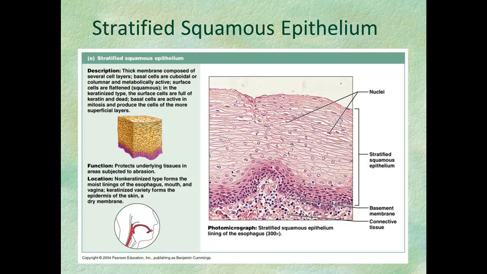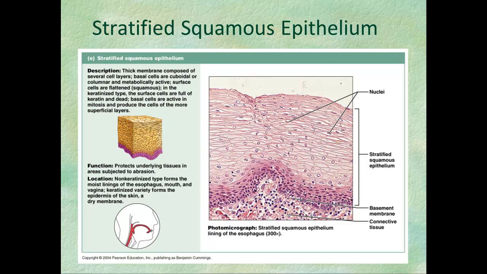It is found in areas that deal with a lot of abrasion or need a lot of protection. The outer surface of your skin is basically stratified squamous epithelium. Those cells are infused with a protein called keratin, and we'll talk about that more when we do the skin lecture. But that keratin gives those cells a very tough consistency.